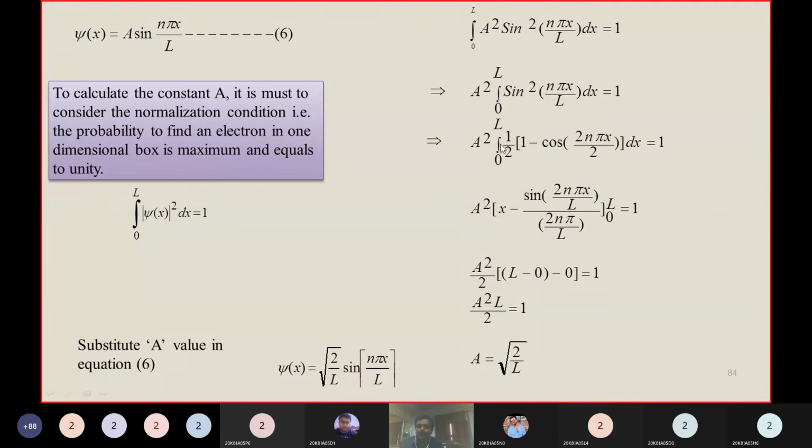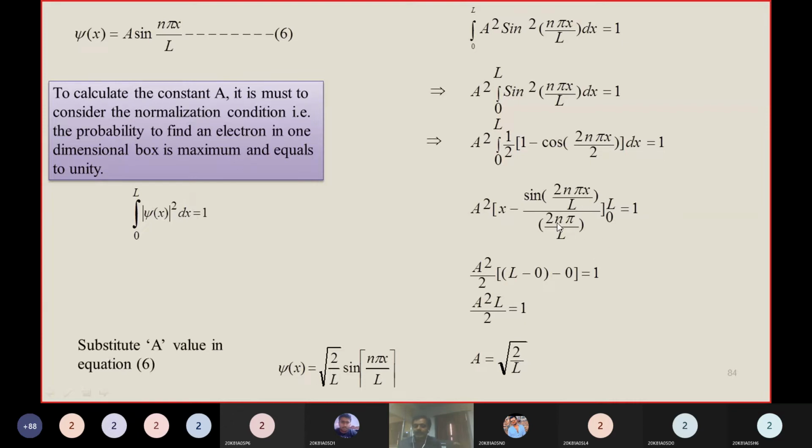The integration of 1 dx is equal to x. The integration of cos ax is sine ax by a.